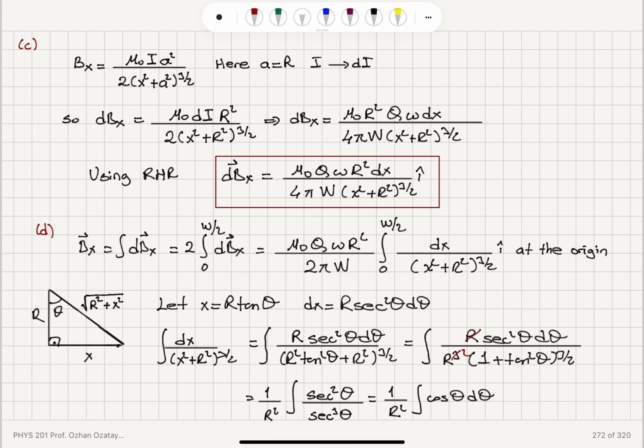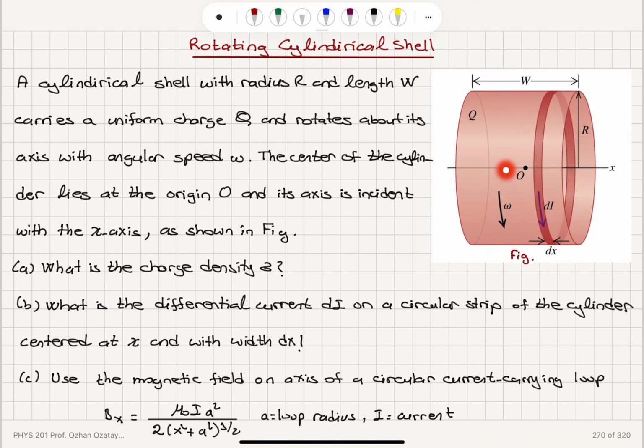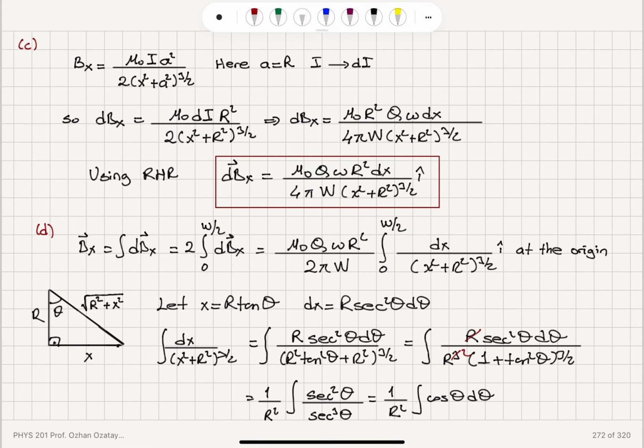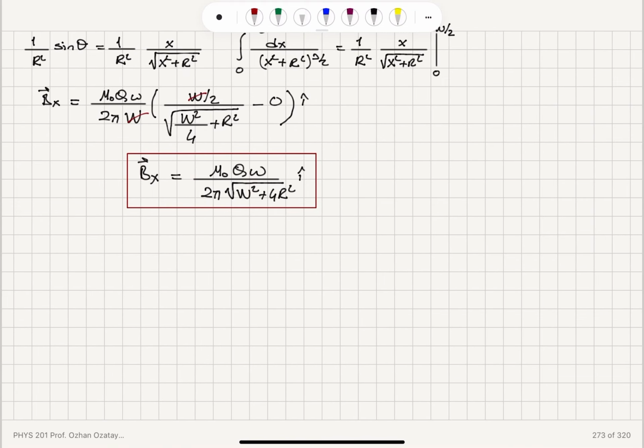I integrate from 0 to w over 2 and multiply by 2, because there's a contribution from the other side, from minus w over 2 to 0. I get the same answer due to symmetry, so it's just multiplied by 2. I perform this integration with a change of variables, and finally I get my answer in the i hat direction: mu 0 q omega over 2 pi times the square root of w squared plus 4R squared.